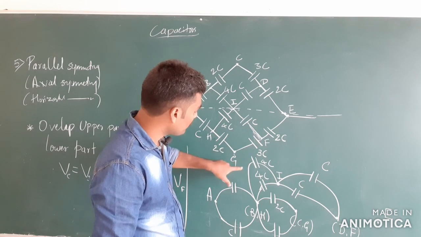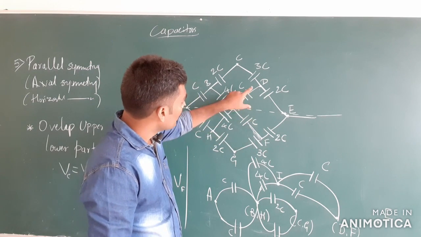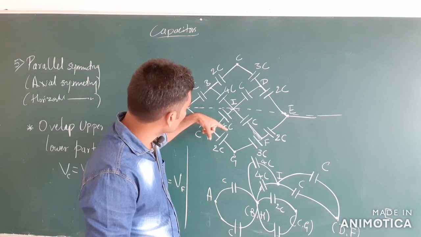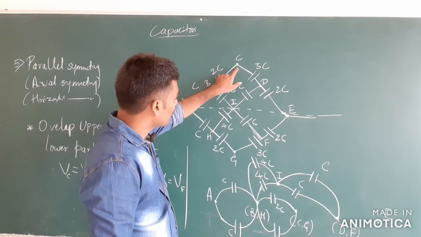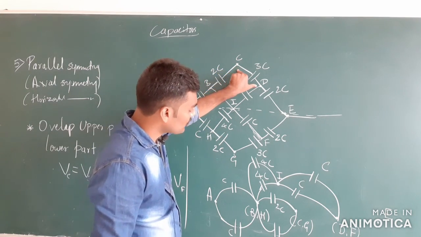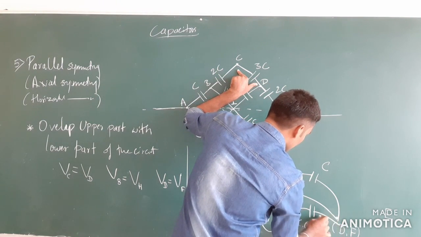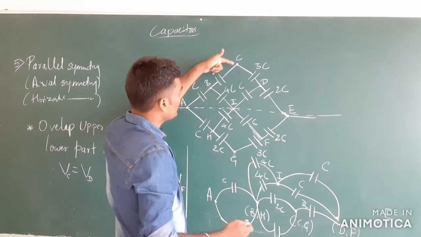Now let me come to D and F. Did we go for C and G? No, right? Okay, let me come to C. From C to D, I have a capacitor of capacitance 3C. And C is done, that's it.